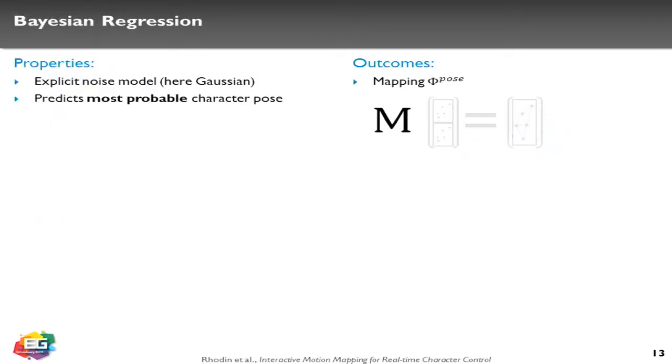This mapping is learned by Bayesian regression. The advantage of Bayesian regression is that it has an explicit noise model, in this case Gaussian, so it can eliminate some of the noise that might be in the input motion. It provides a good estimate of the most probable character pose for some input.